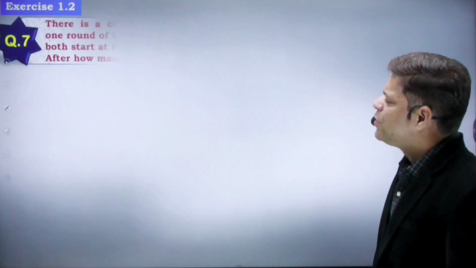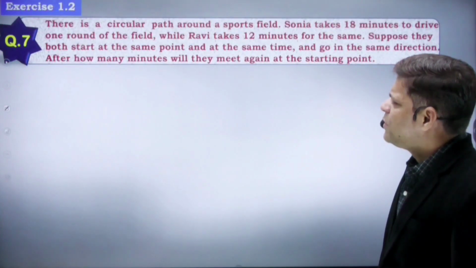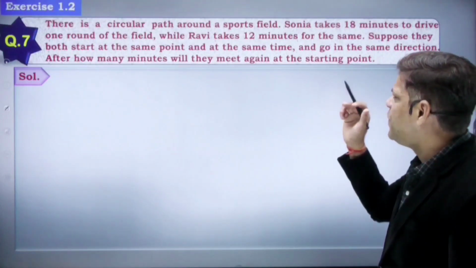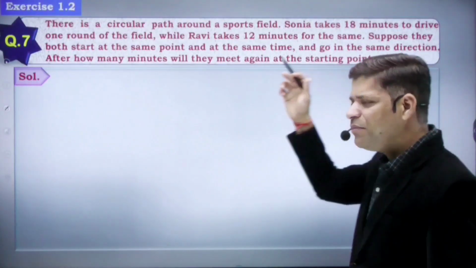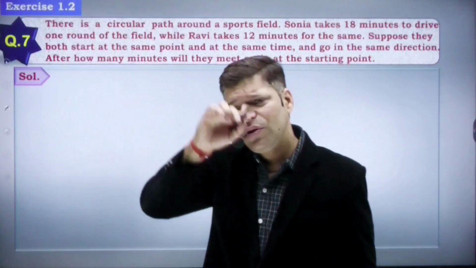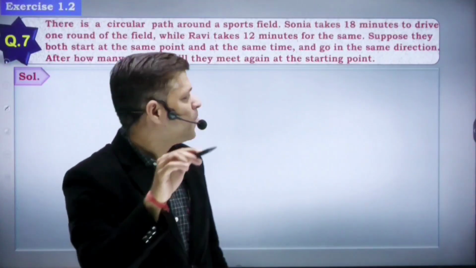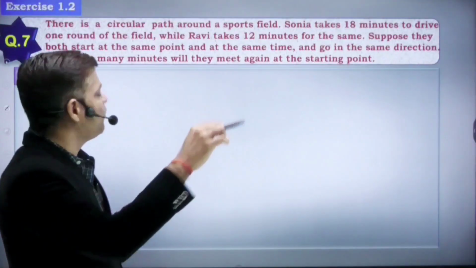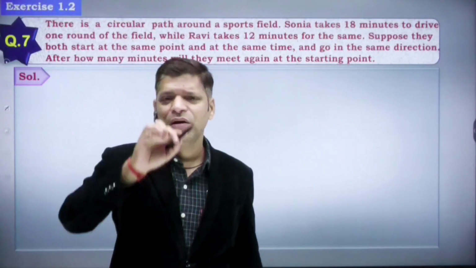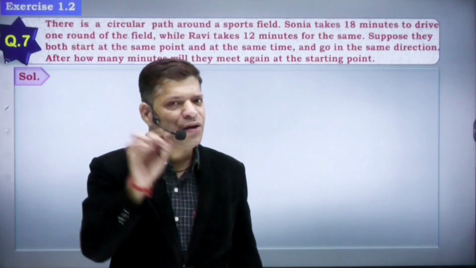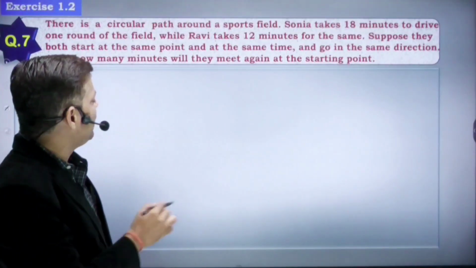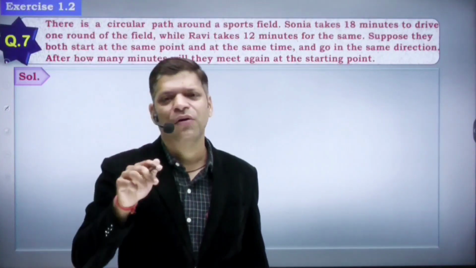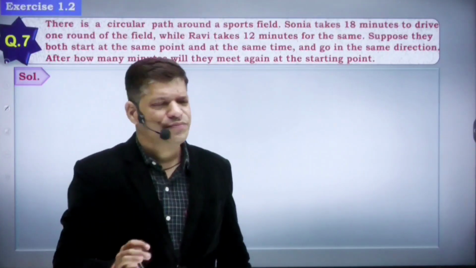The next one, question number 7. There is a circular path around a sports field. Sonia takes 18 minutes to drive one round, and Ravi takes 12 minutes for the same, that is, Ravi completes one round in 12 minutes.